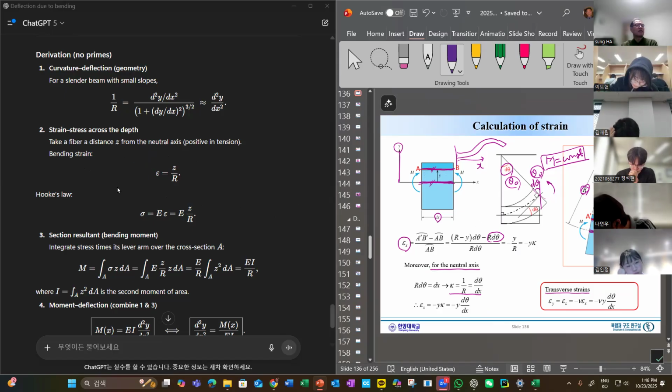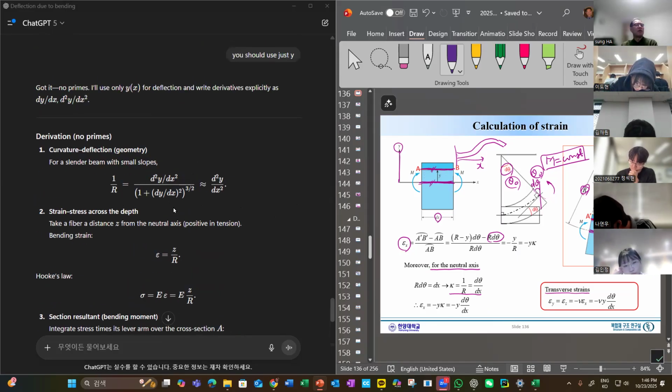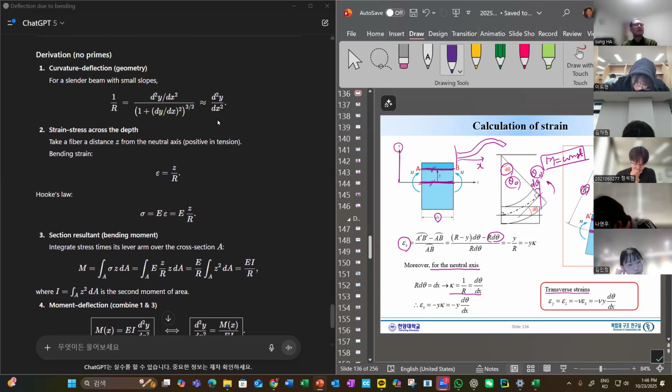Now the stress-strain relation says sigma equals Young's modulus times epsilon. That's what we got. As you can see, the next step will be combining these, putting these things in here.